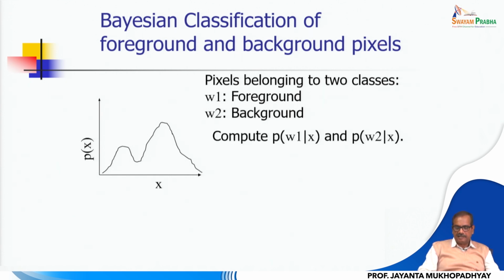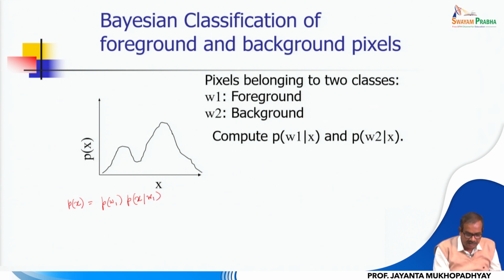So we can factorize the probability of x into this form: probability of x is the probability of class W1 or omega 1 times probability of x given W1, where we take W1 as class 1, plus probability of W2 times probability of x given W2.